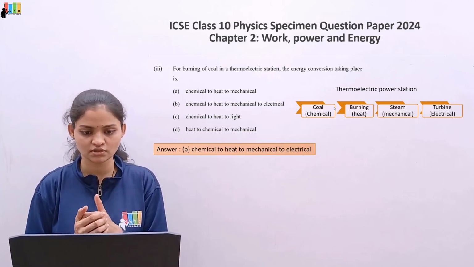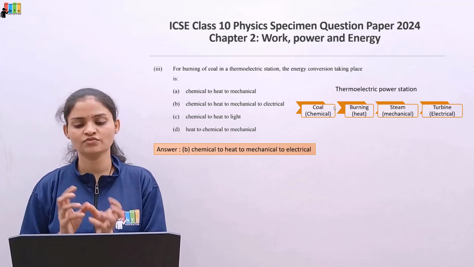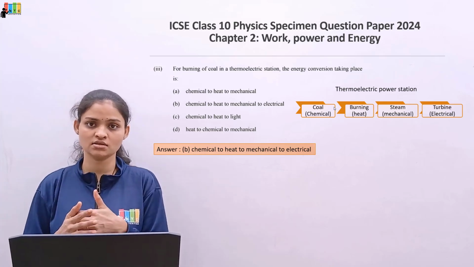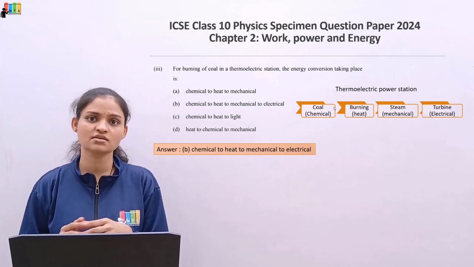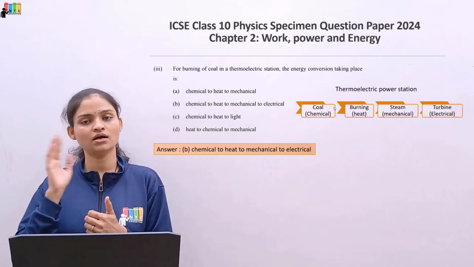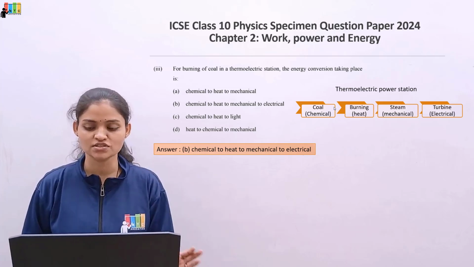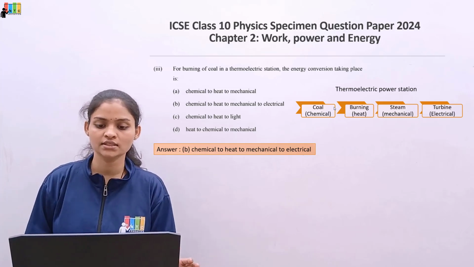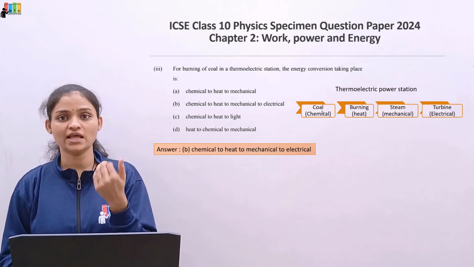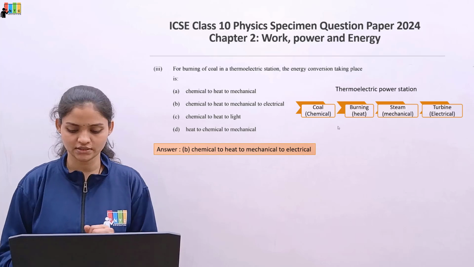So there is conversion of chemical energy to heat energy. Then we use steam from that heat. That steam is used to rotate the turbines, so it is converted into mechanical energy, and that turbine is connected to the generator to produce electricity, that is electrical energy. So from coal to electricity there is conversion in at least 4 steps, that is chemical to heat to mechanical to electrical.